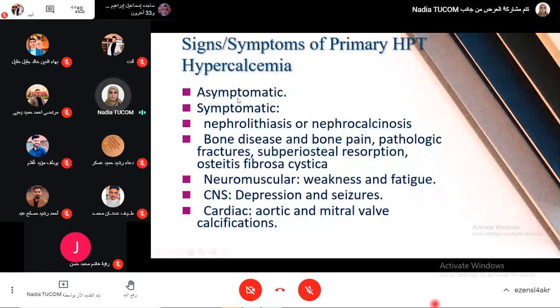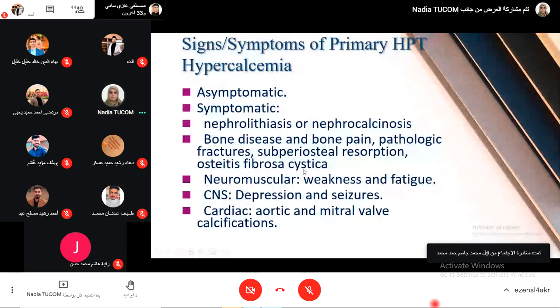Or it can be symptomatic, in which the patient develops nephrolithiasis and nephrocalcinosis as a result of hypercalcemia, and bone disease including bone pain and pathological fracture, due to increased bone resorption and even subperiosteal resorption, and osteitis fibrosa cystica.